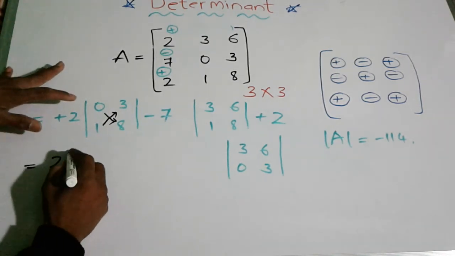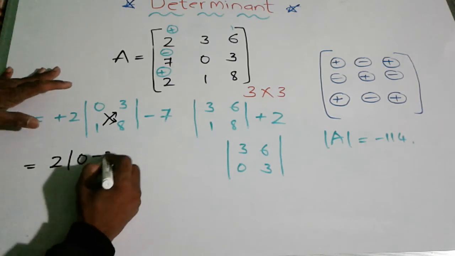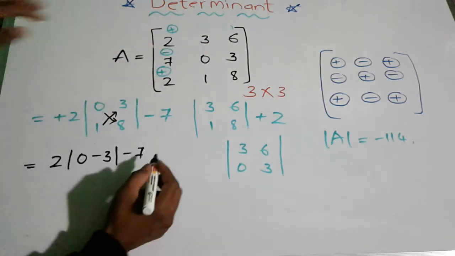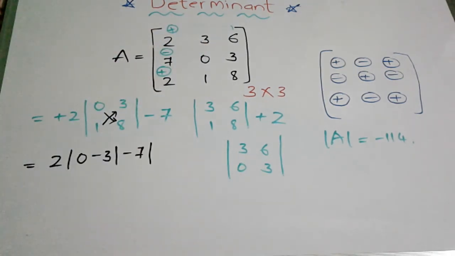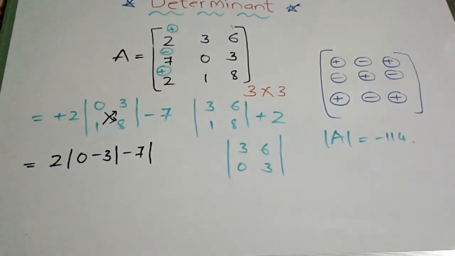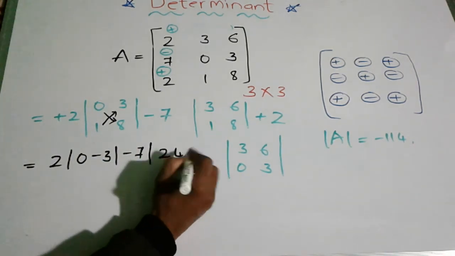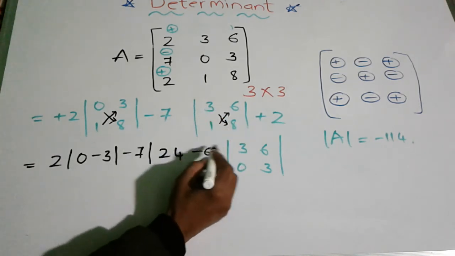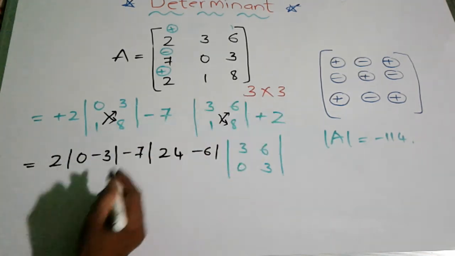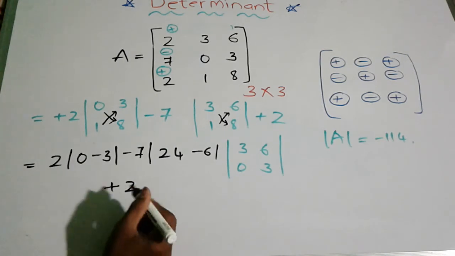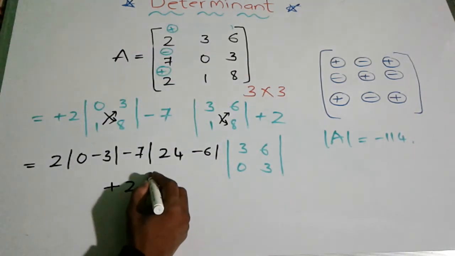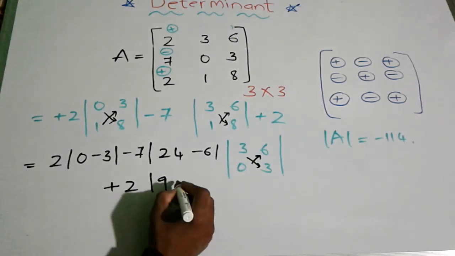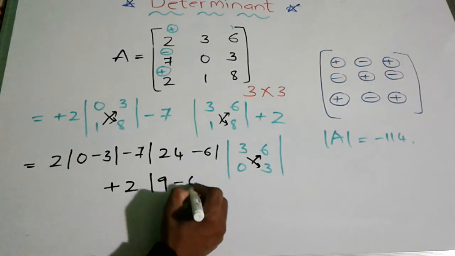So we got 0 minus 3. Then minus 7, here 3 8s are 24 minus 6, so minus 6. Then we have plus sign over here, so I'm writing plus 2, so 3 3s are 9, 9 minus this 0 into 6, which gives us 0.